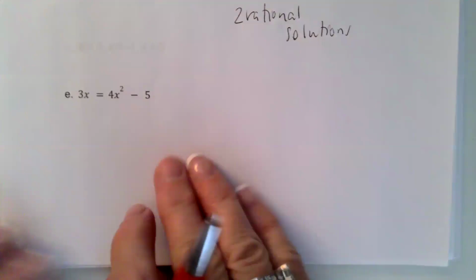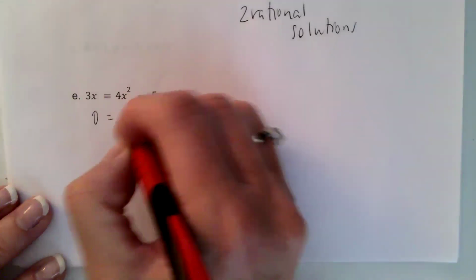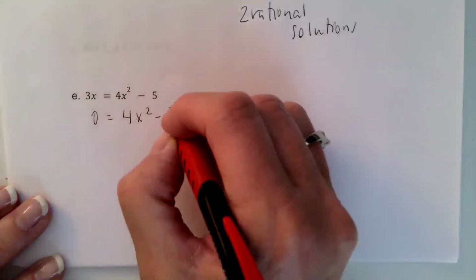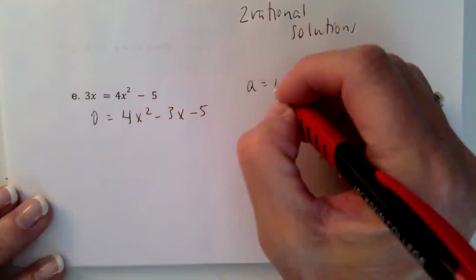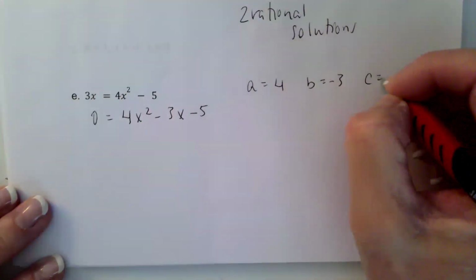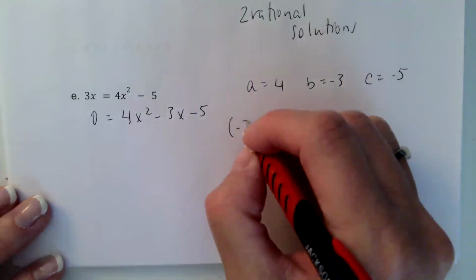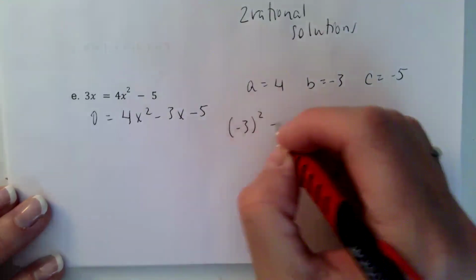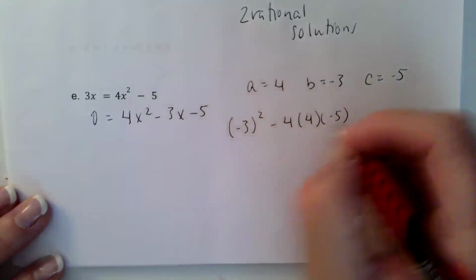And the last one where we're finding the discriminant, we're going to move this 3x to the other side. So we have 4x squared minus 3x minus 5. So a is 4, b is negative 3, and c is negative 5. So we have negative 3 squared minus 4 times negative 5.